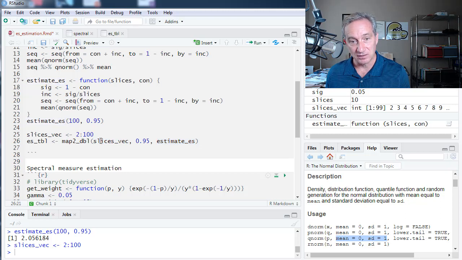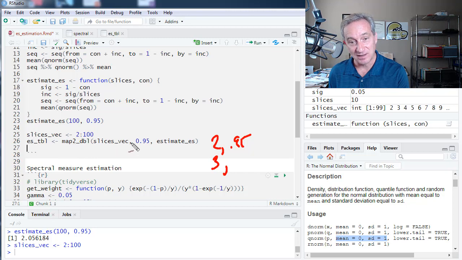It's really taking two arguments. So I'm calling my function the first time with 2 slices and the 95% confidence level. And then, because this is a vector running from 2 to 100, map calls my function again with the next value, which is 3 slices, and then it recycles my second argument.